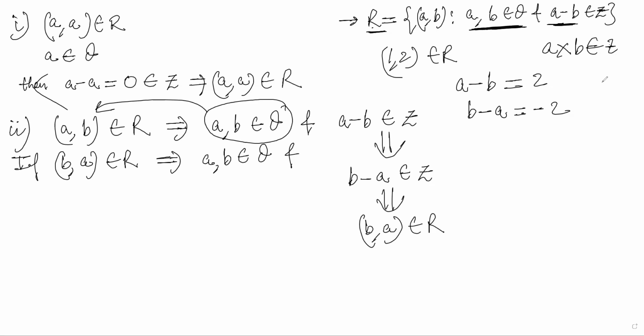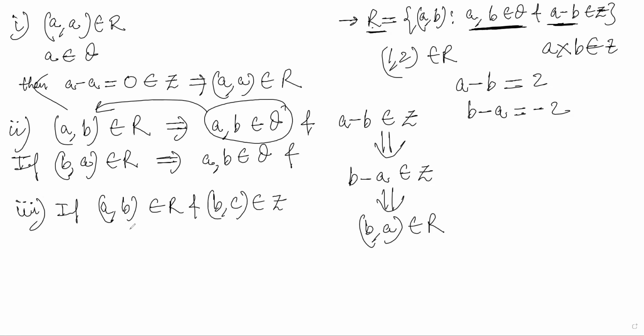Similarly, the third part as well. It has already been given that A comma B and B comma C both belong to the relation. So what does that imply? First of all, if A comma B belongs to R, what does that imply?